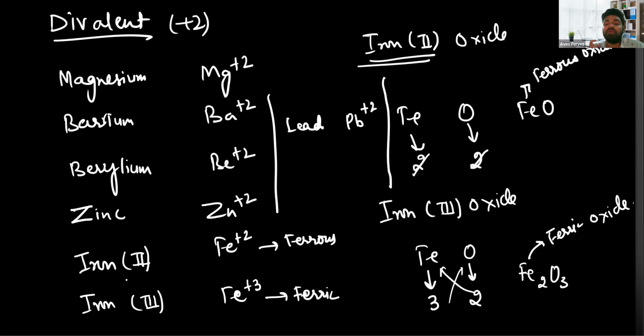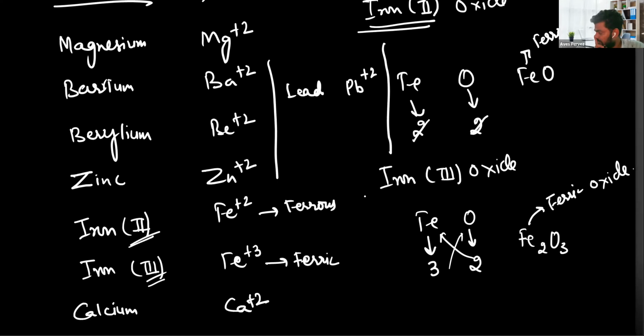Calcium we have not written here. Calcium also, so write down calcium. Calcium is Ca 2 positive. Copper we have written there. It has 1 and 2.